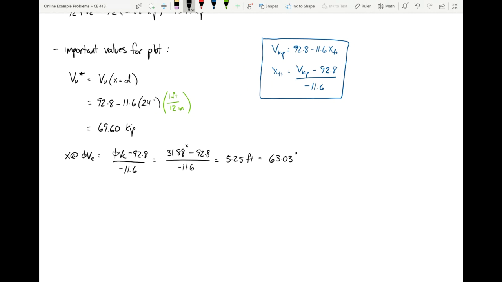Ultimately, when we're designing stirrups, our x distances in inches would make a little more sense, because that's how our stirrup increments are laid out. But just make sure that you're cognizant of what units are going in and what units are going out of a given expression. Last, we have x at half of phi Vc. So the exact same equation, just instead of 31.88, use 15.94.